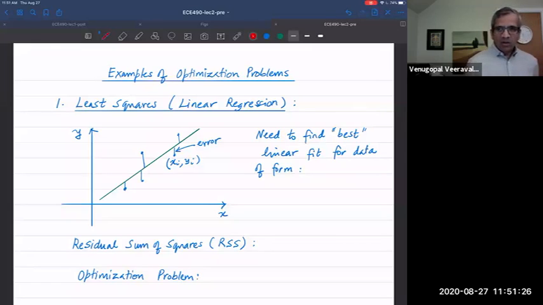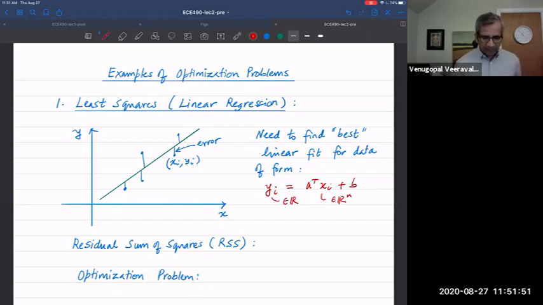Basically, you want to find a linear relationship of the form yi equals A transpose xi plus b. So this xi could be a high dimensional vector belonging to some R^n, and y could just belong to R. It doesn't have to. y could also be a vector, but let's take the case where y is a scalar.